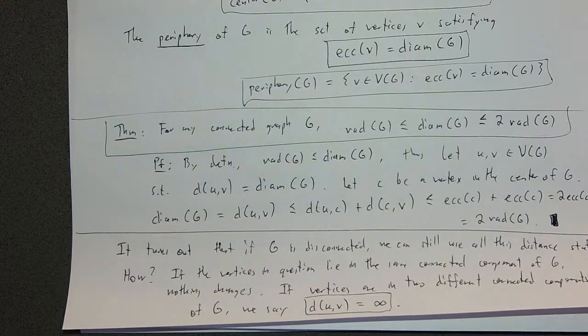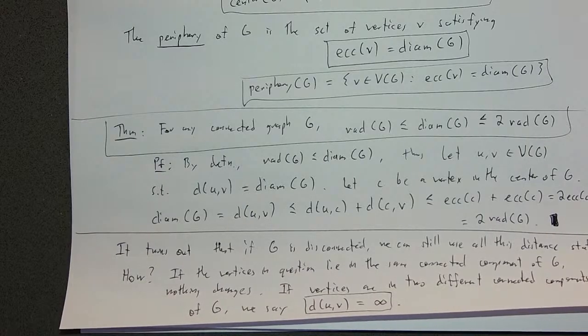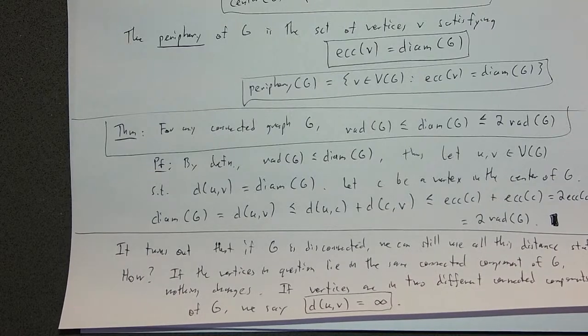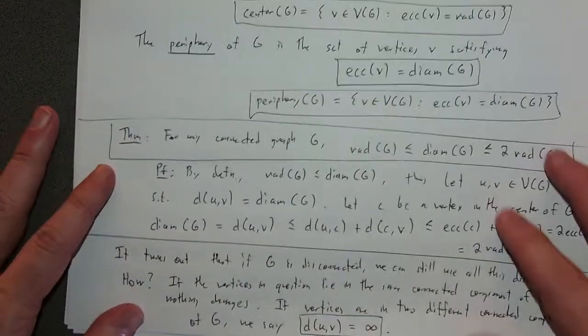Our distance function still works perfectly, and even intuitively this makes sense, because if a graph is truly disconnected, then vertices in different components have infinite distance to one another, because you can't get from one to the other. There is no u-v path that takes you from one to the other, so their distance is infinite. It is impossible to get there. So this works just fine.